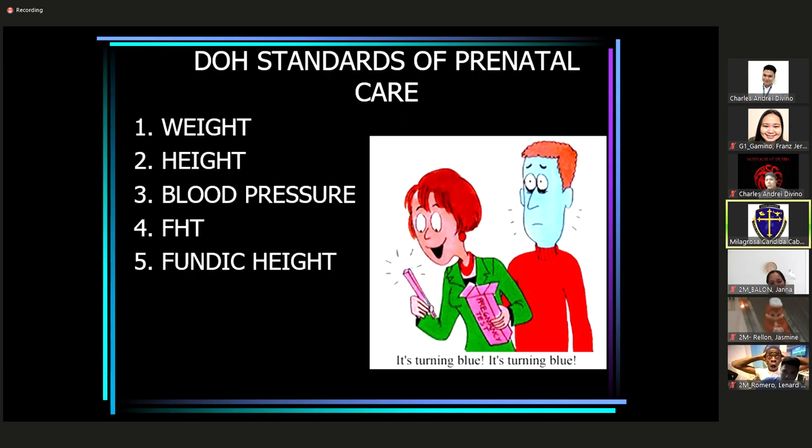Okay? Let's go now to the weight of the mother: 11.5 to 15.9 kilograms. So that would be equivalent to 25 to 35 pounds. Then, if underweight ang mother natin, 0.5 kilogram per week rather than 0.4 kilogram per week for average.